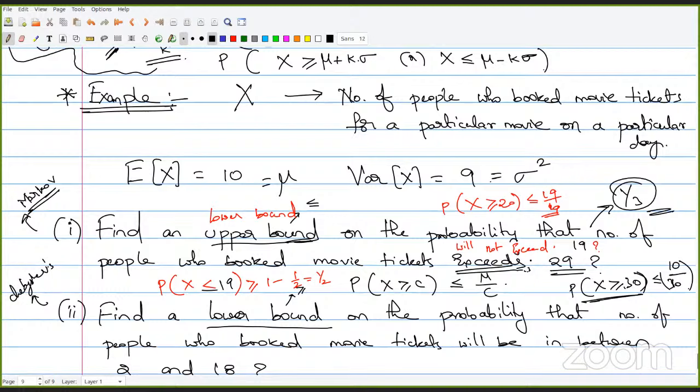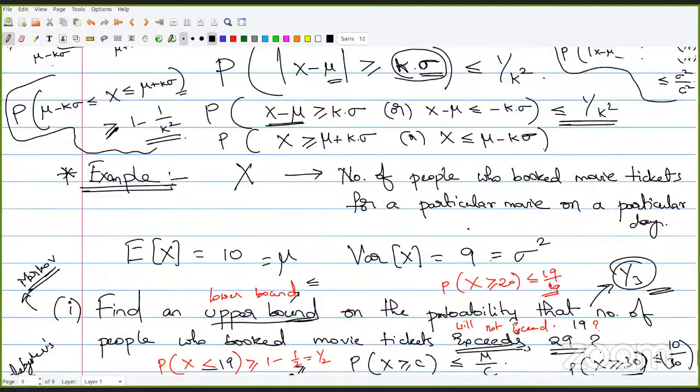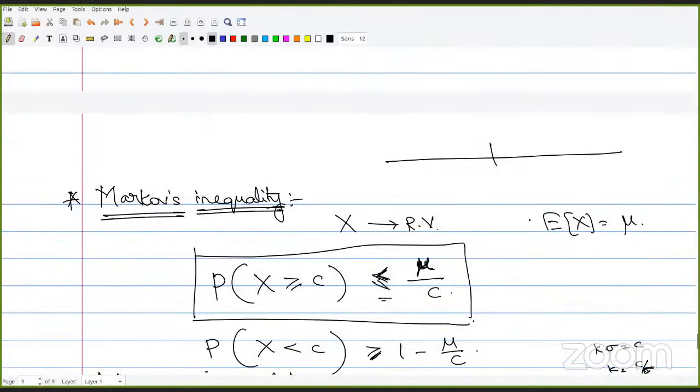So in the lower bound case, what is this? It's just the opposite. You don't need to do anything. If this is c, we know that the probability that X greater than or equal to c is less than or equal to mu by c. Then X less than c will be greater than or equal to 1 minus mu by c.